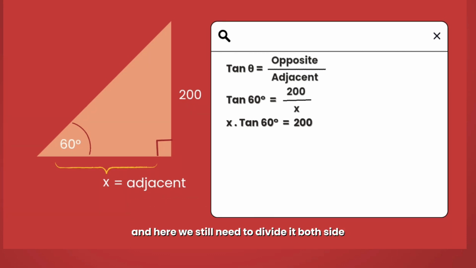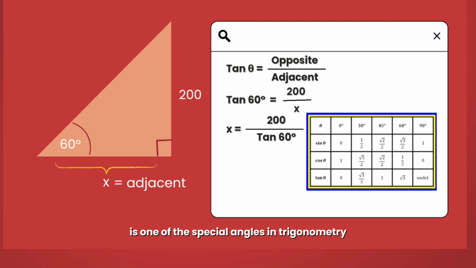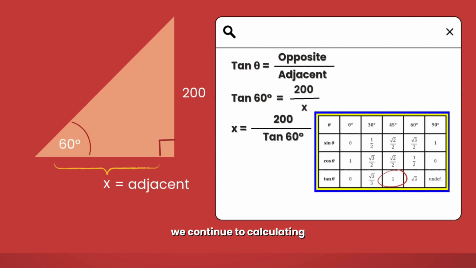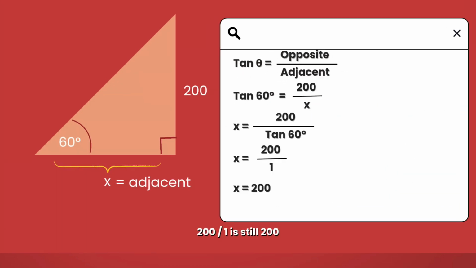And here we still need to divide both sides by tangent of 60. So x is actually 200 divided by tangent of 60. As we know, 60 degrees is one of the special angles in trigonometry. Then we find that tangent of 60 degrees is 1. We continue calculating. 200 divided by 1 is still 200.